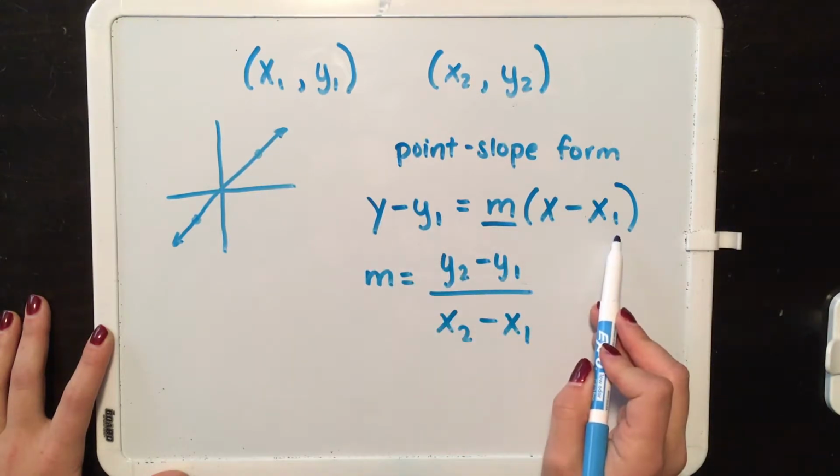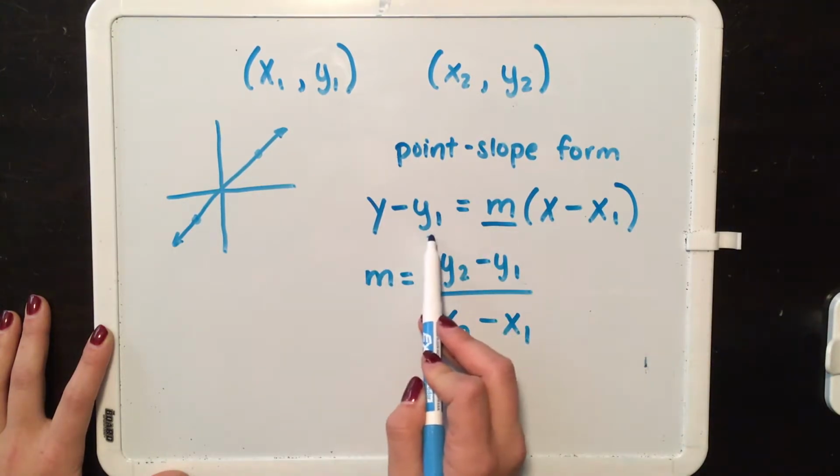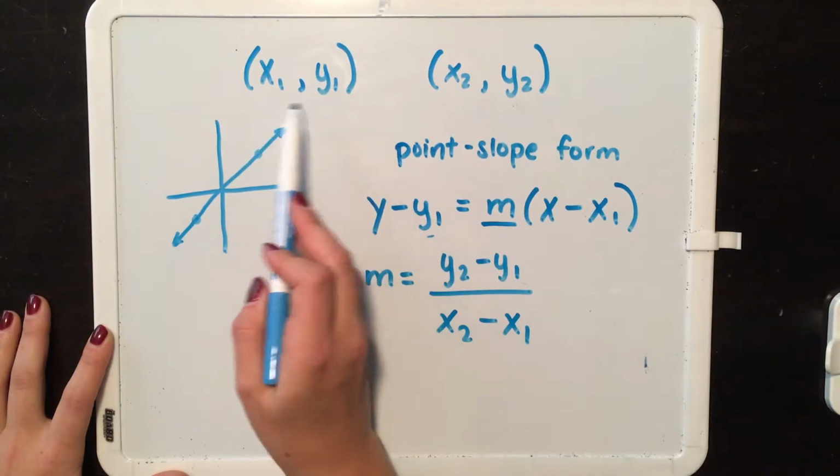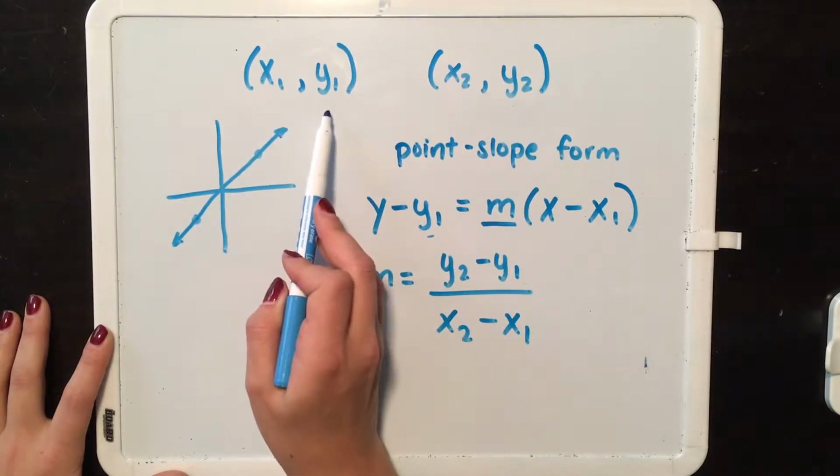And in this equation, x1 and y1 come from our point that's given.